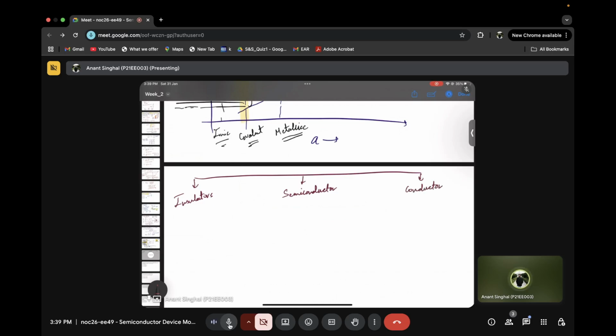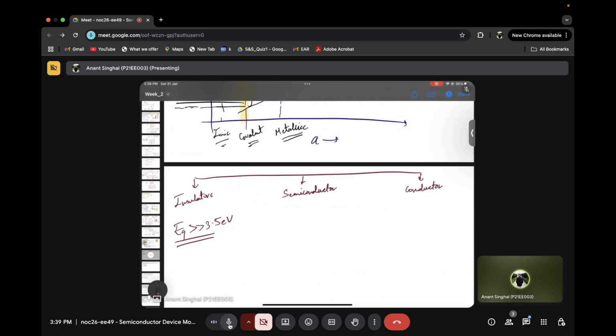We can easily classify them in terms of the energy band gap. Once we have an energy band gap which is very high, let's say greater than 3.5 electron volt, these are the insulators, because we need a lot of energy, more than 3.5 electron volt, to jump the electron from the valence band to the conduction band.